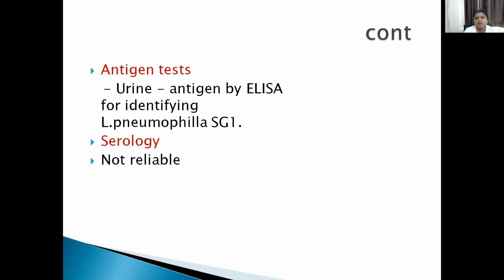Other tests are also available in serology, but they are not reliable. They are usually used for community-based diagnosis. In serology, we have immunofluorescent tests and also ELISA tests for Legionella pneumophila.